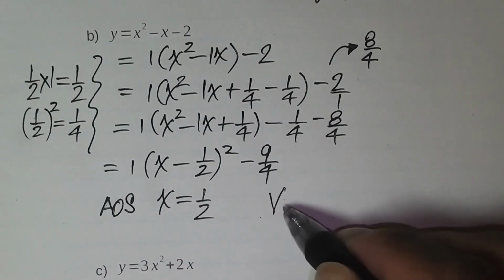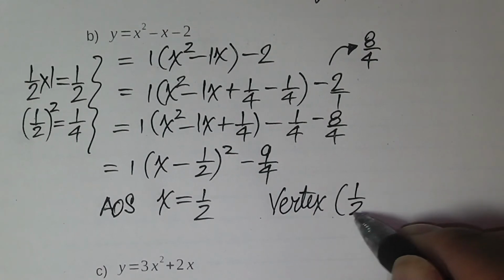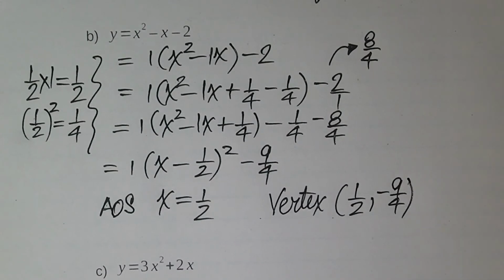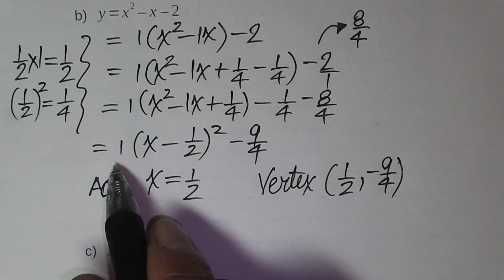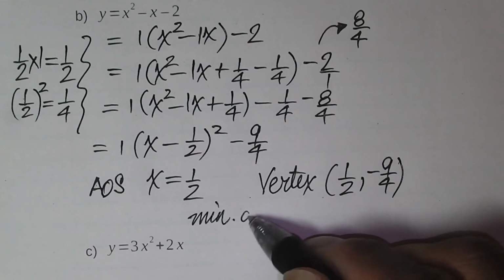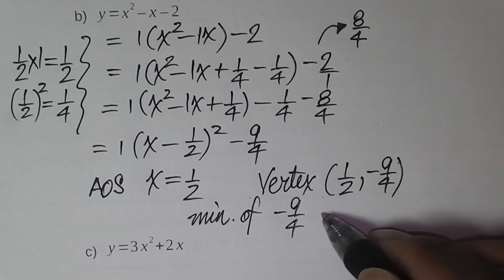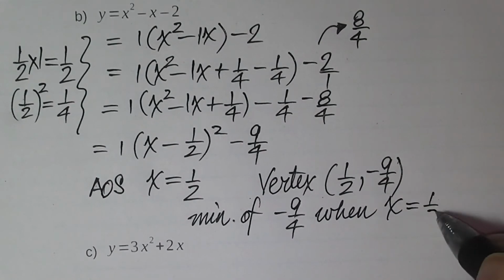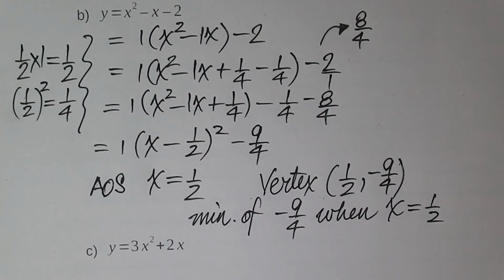My vertex is 1 over 2, negative 9 over 4. And because my a value is positive, I have a minimum of negative 9 over 4 when x equals 1 over 2.